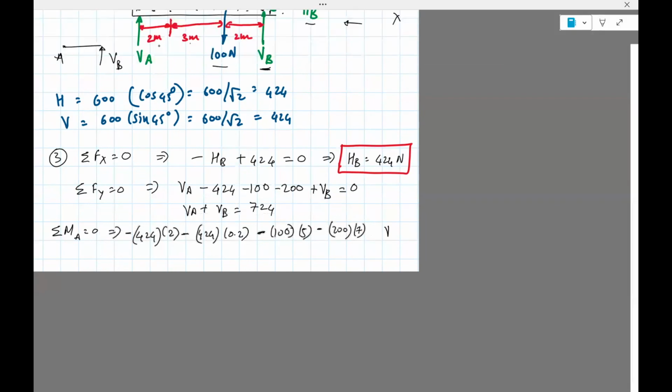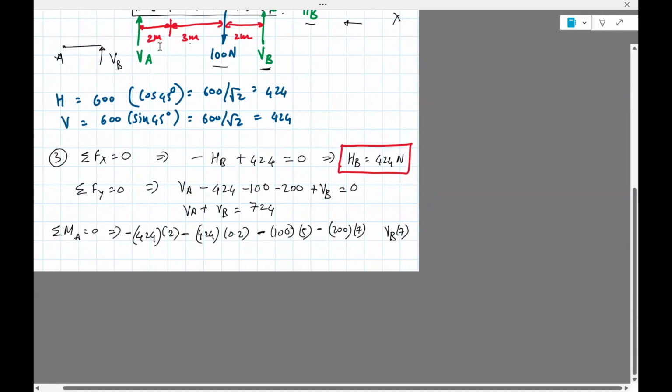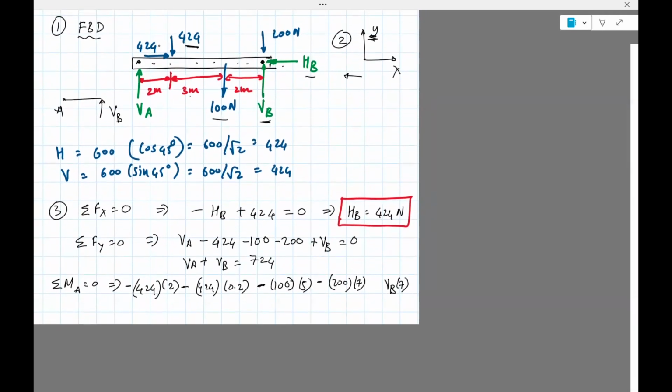So VB times 7, that's the magnitude of the moment. But you can see that it's creating a counterclockwise torque, a counterclockwise movement. A counterclockwise movement is positive. So you just put positive, and this whole thing should equal 0 per this equation.